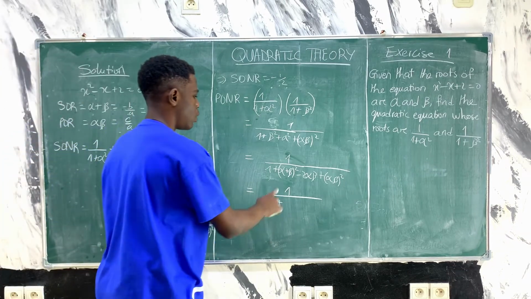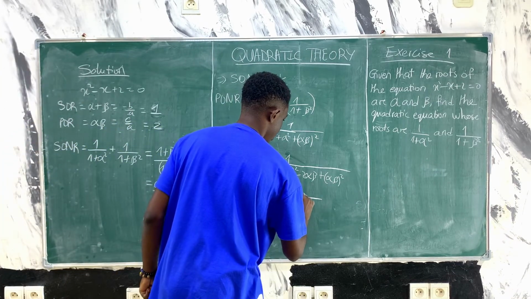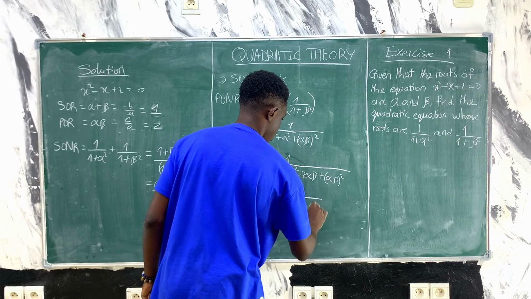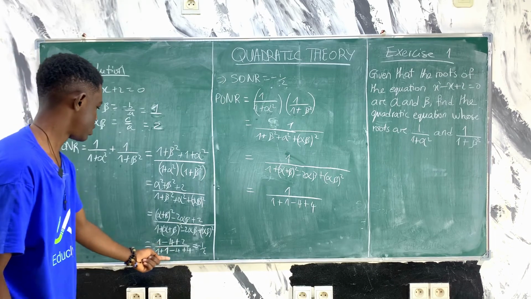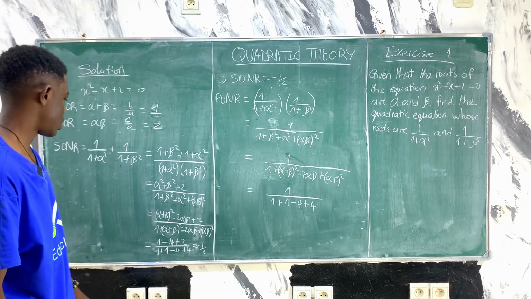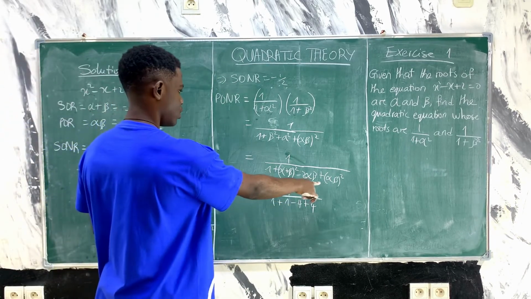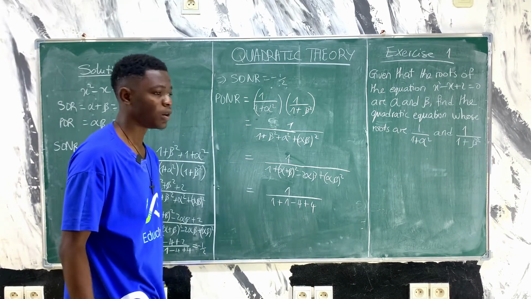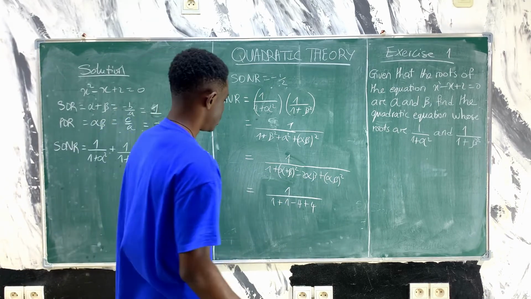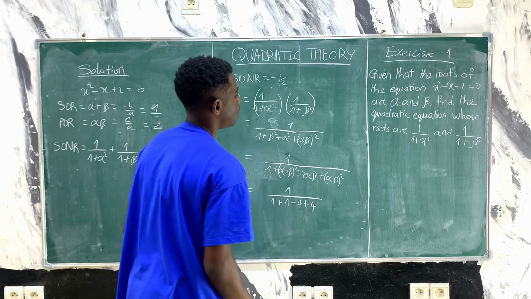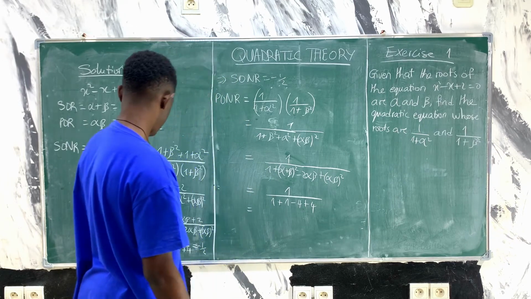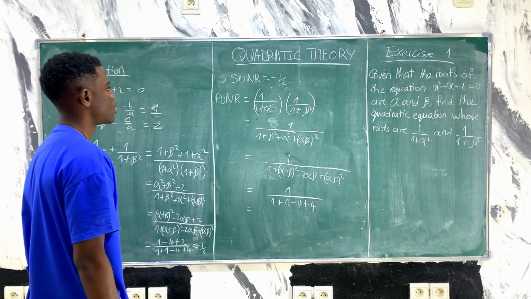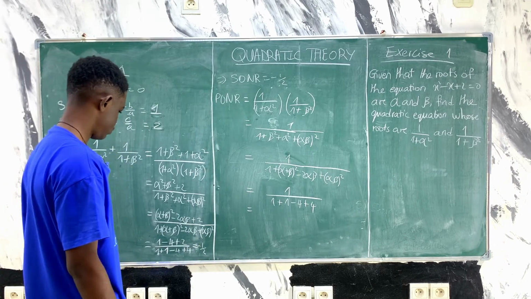Alpha plus beta is 1, 1 all squared is 1, minus 4 plus 4. So that is equal to, well, negative half, it looks like.